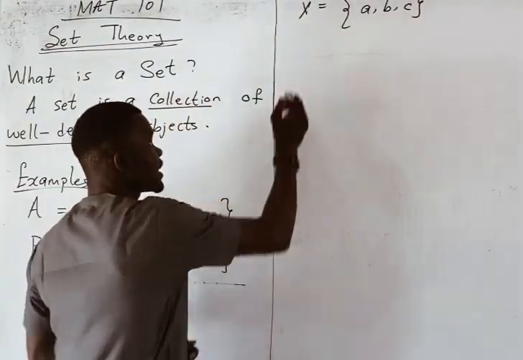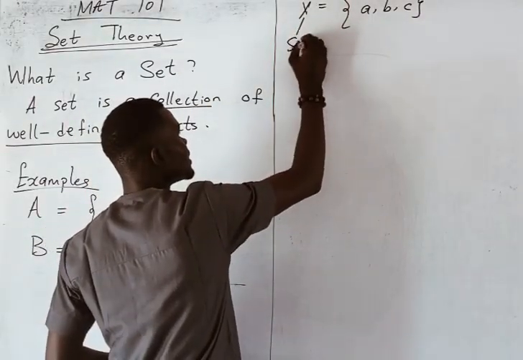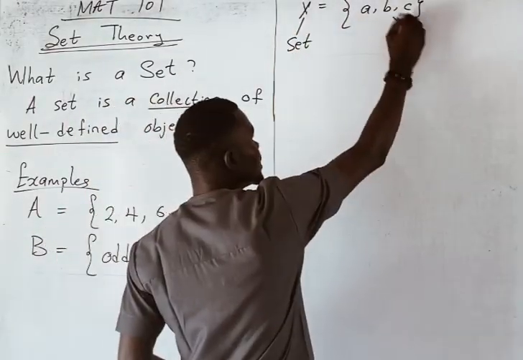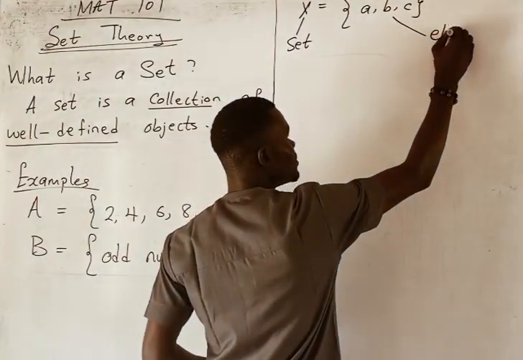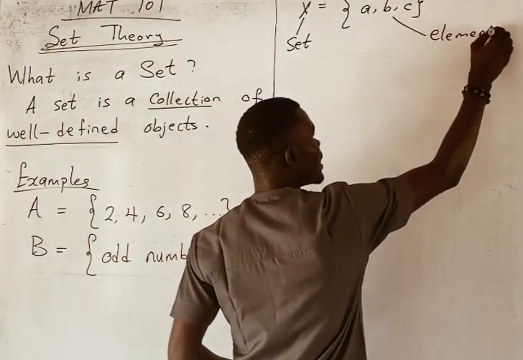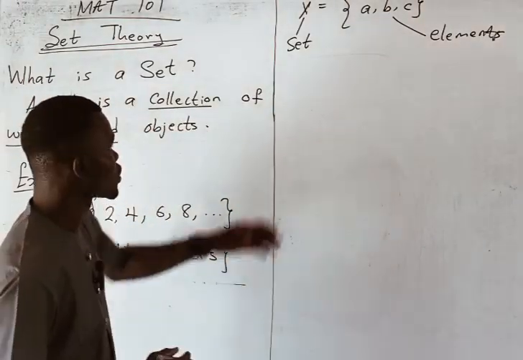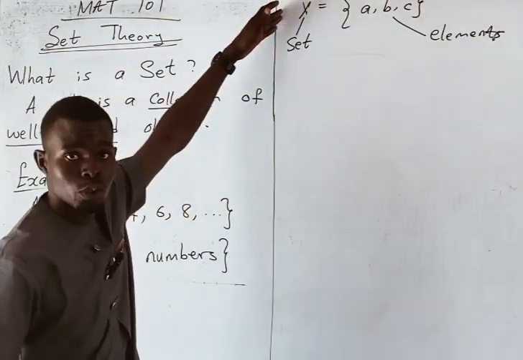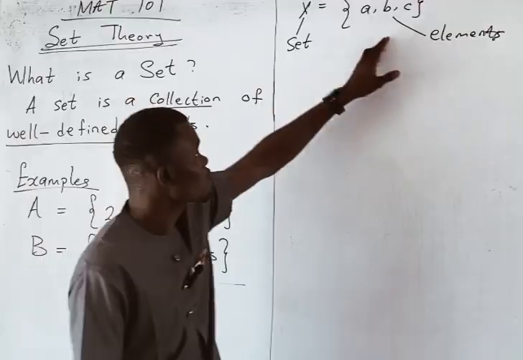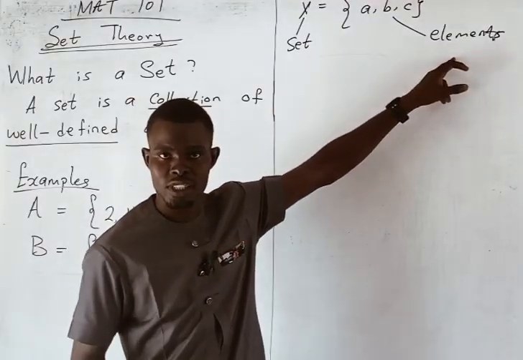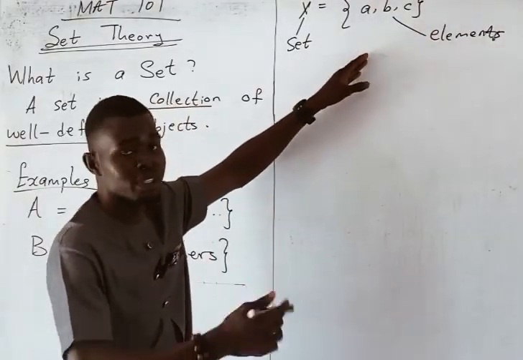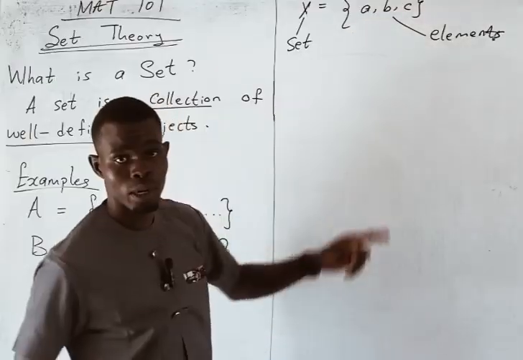Now, this X is the set, while these are the elements of the set. This is what we use to represent the set. We use capital letters to represent sets and small letters to represent the elements of a set. Each of the elements is separated from the others using a comma.